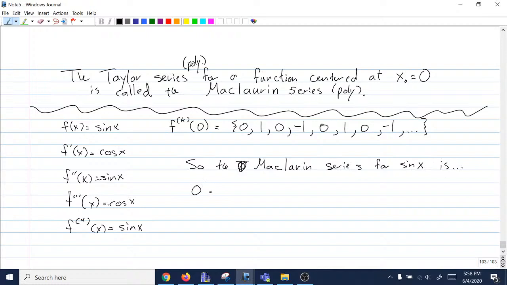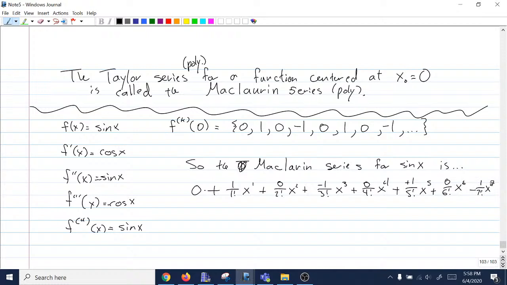Zero times 1 is the constant term, plus 1 over 1 factorial x to the 1, plus 0 over 2 factorial x squared, plus negative 1 over 3 factorial x to the 3, 0 over 4 factorial x to the 4, positive 1 over 5 factorial x to the 5, 0 over 6 factorial x to the 6, negative 1 over 7 factorial x to the 7.